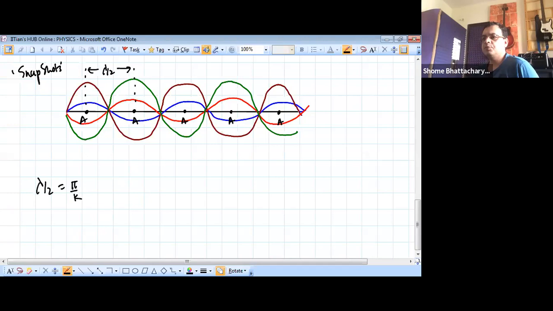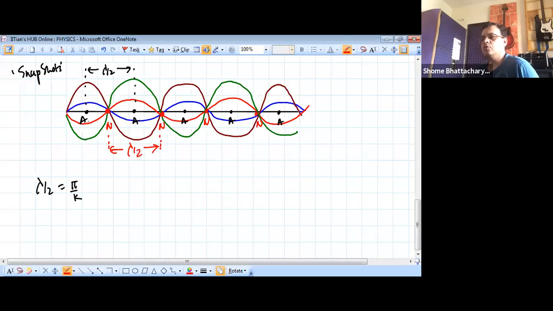And these type of points are called the nodes. These points here have zero displacement. And that is also symmetric in the same manner. The distance between consecutive nodes is also λ/2.